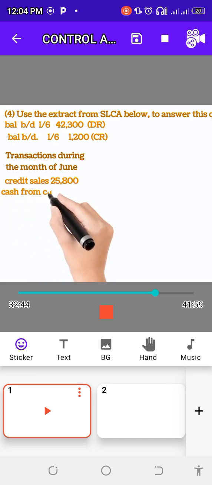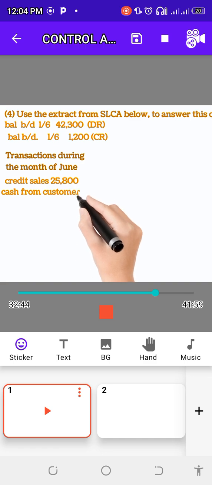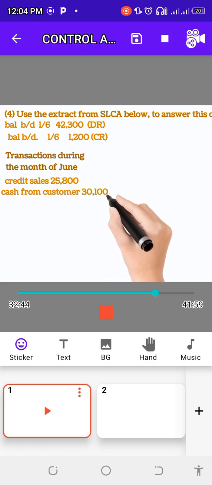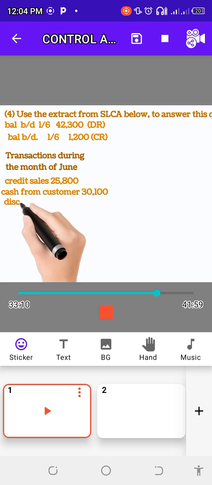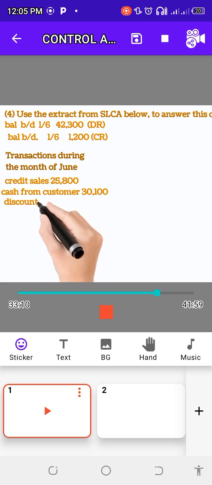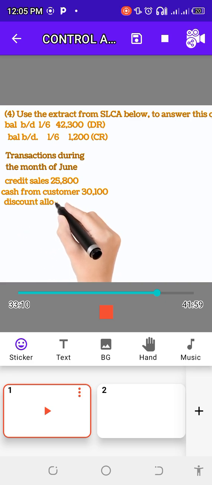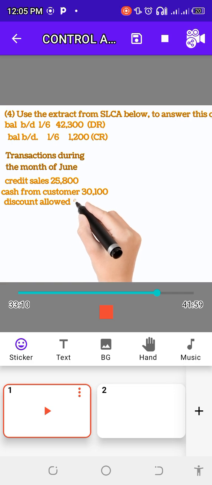Then cash from customers in that same month is 30,100. Discount allowed to debtor or to credit customer is 600.